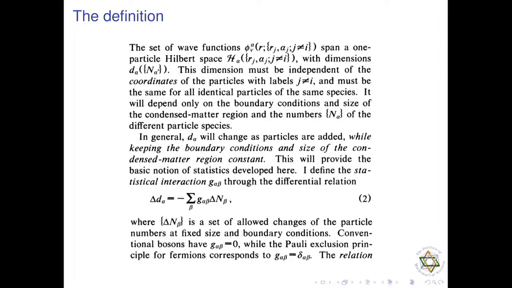Now forget all this alpha, beta, because here we are just considering a general case of many types of species. But this is just delta D, the change in the available 1D space, is some G times the change in the number of particles. Now this G can be anything. Nobody says it should be 1 or 2.